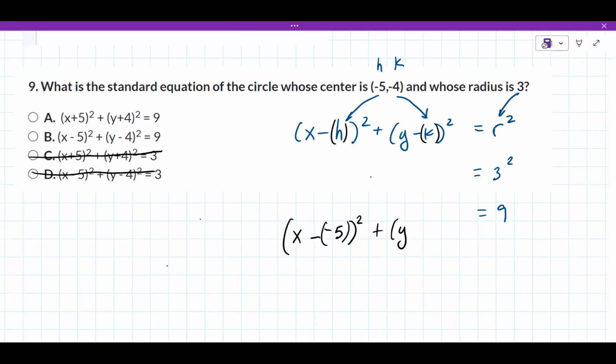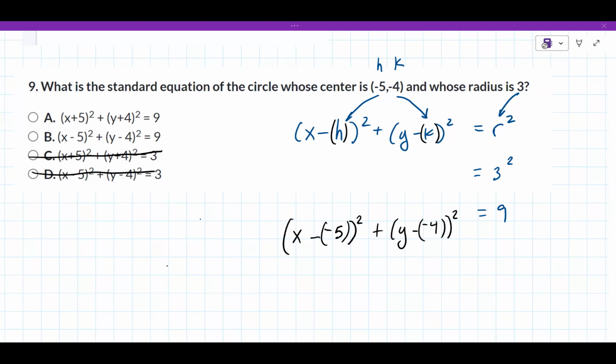And then what happens to the two signs, the two negatives? Okay, let's see.